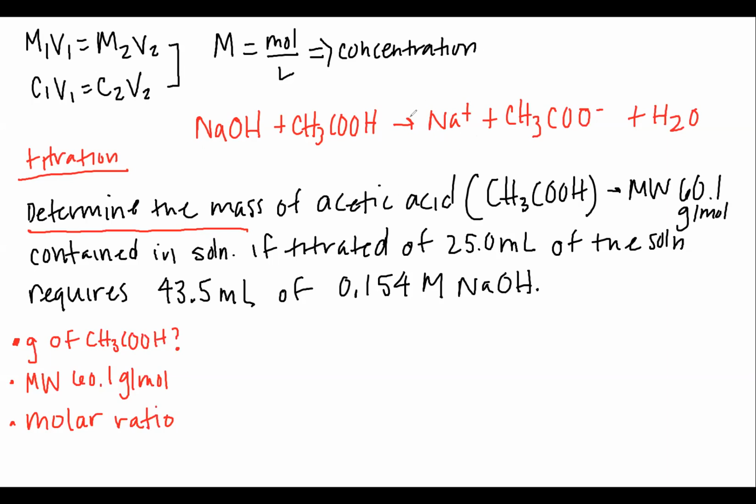But most of the time it will be balanced, and as we can see here, each one of these has a coefficient of 1, 1, 1, 1, and 1. So really this is a one-to-one ratio. When we're dealing with a molar ratio, you need to take into account the coefficients. Okay, that's what I mean by the molar ratio.